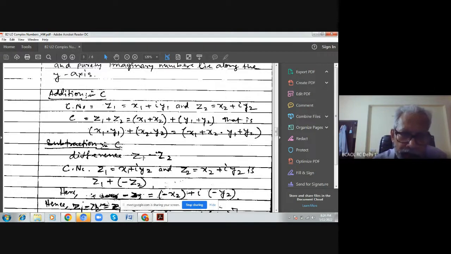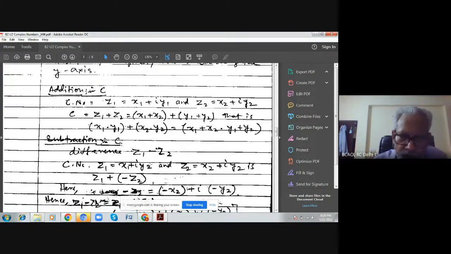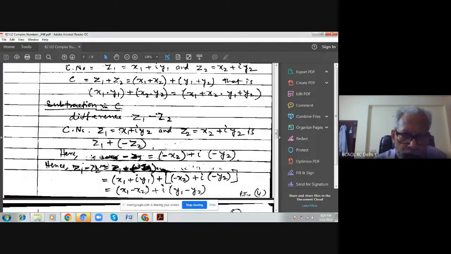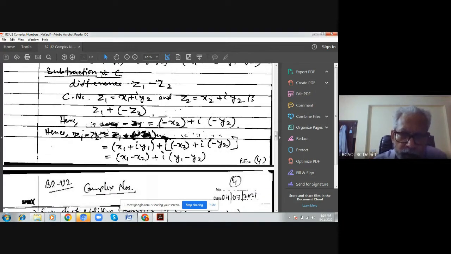In case of differences, suppose it is a subtraction, again there are two complex numbers. The only thing is minus Z2 is coming, because this part is subtraction, that is a minus. So the Z2 part will be minus. It is a symbol, it doesn't mean actually it is a minus only. So you can calculate in this way.